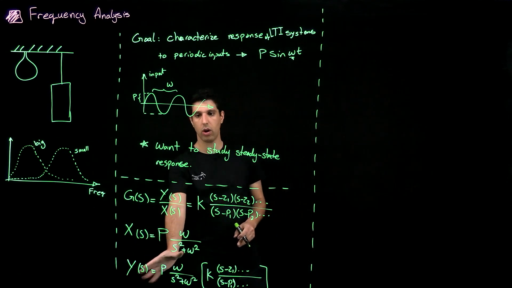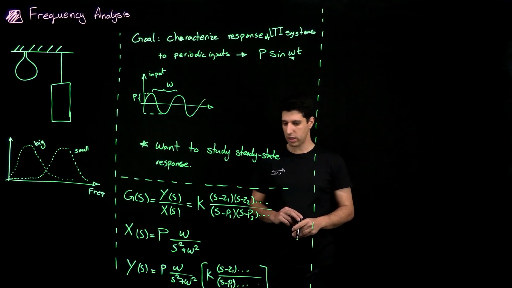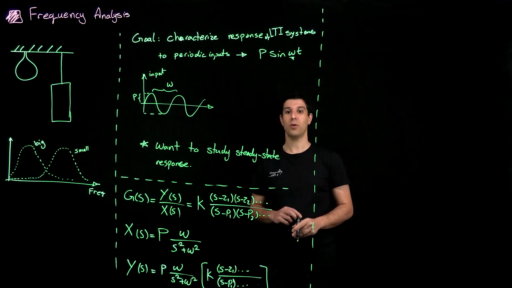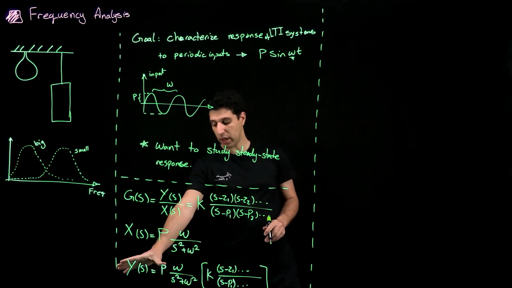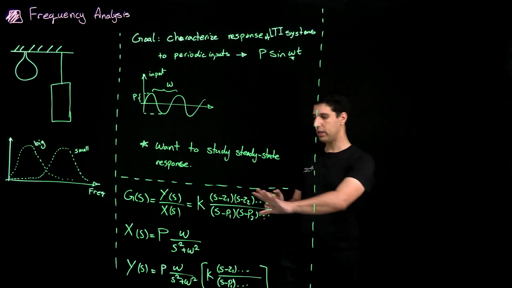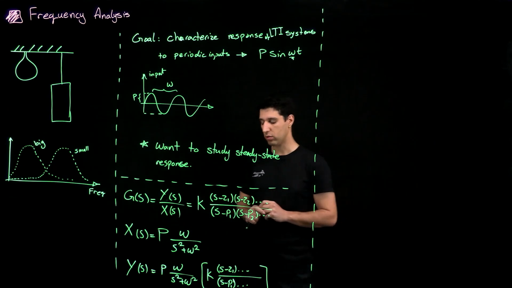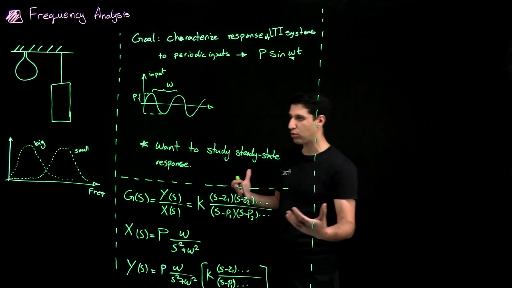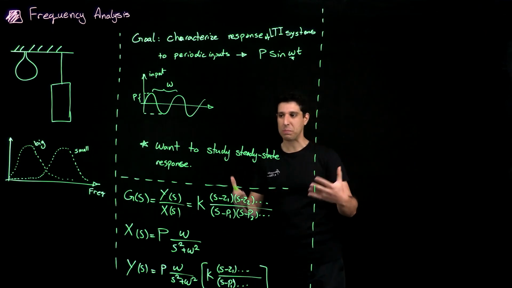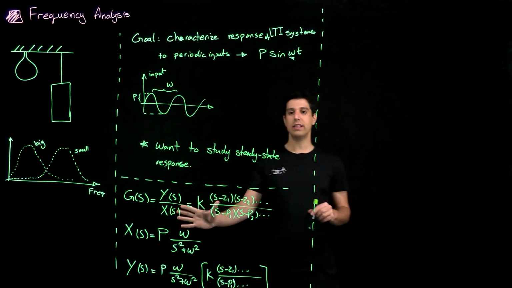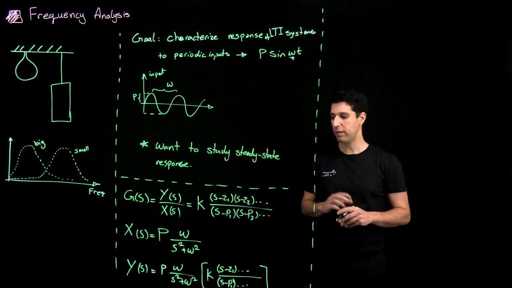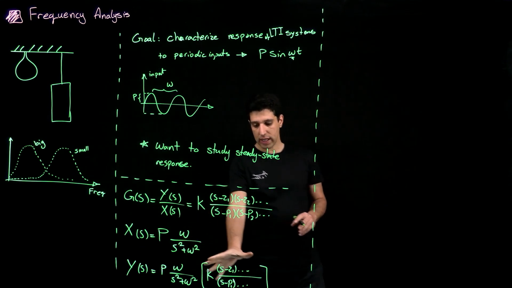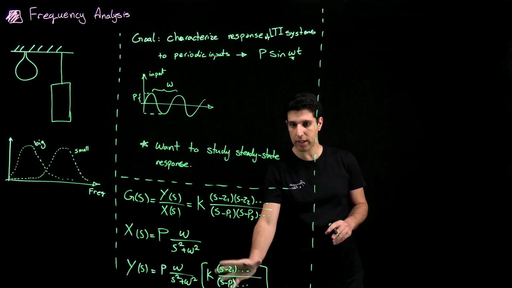Because we always start from zero initial condition in this transfer function terminology or notation, it takes some time for the system to come up to speed with the input. So there is some transient phase before the response reaches the steady state. And the transient is usually defined by the terms here.